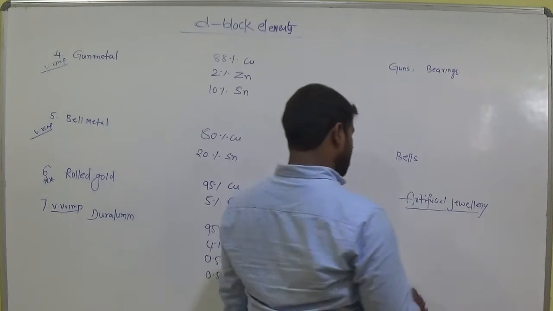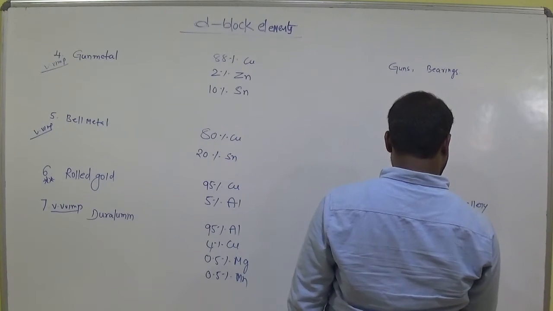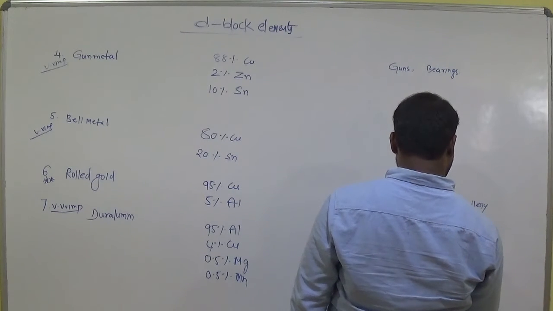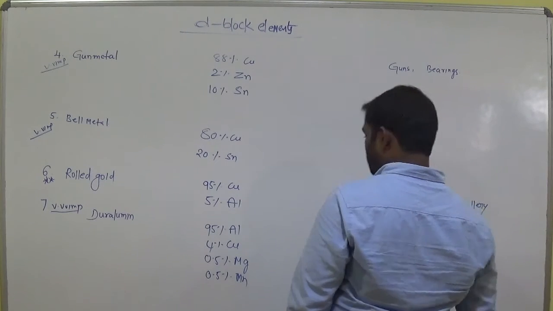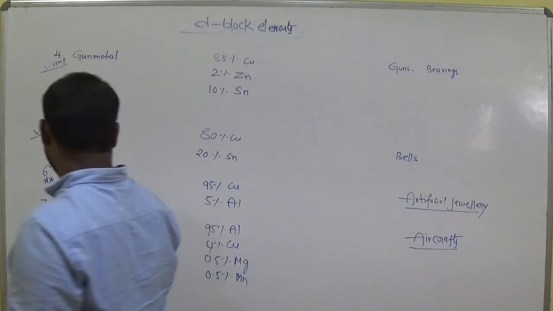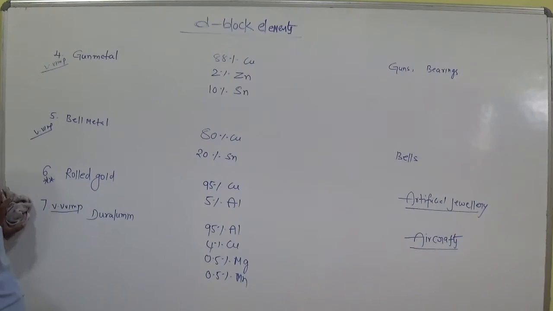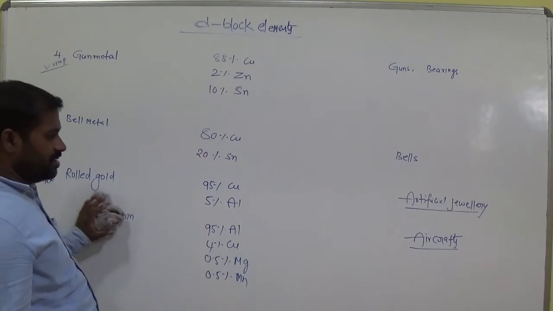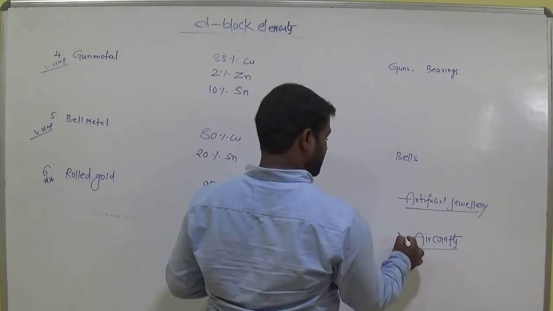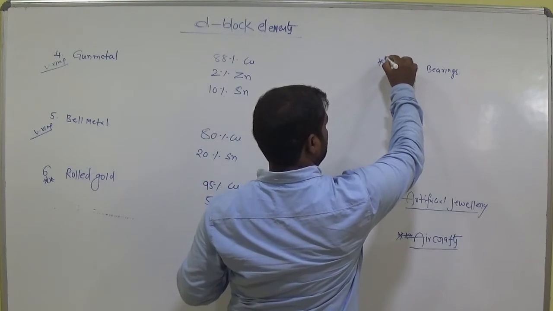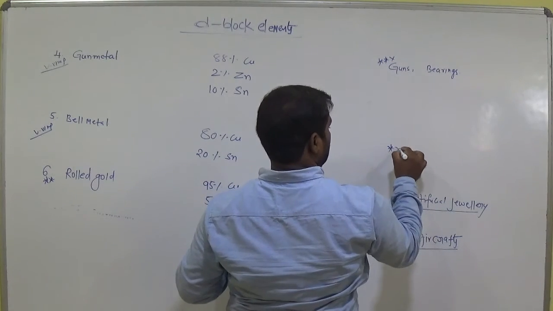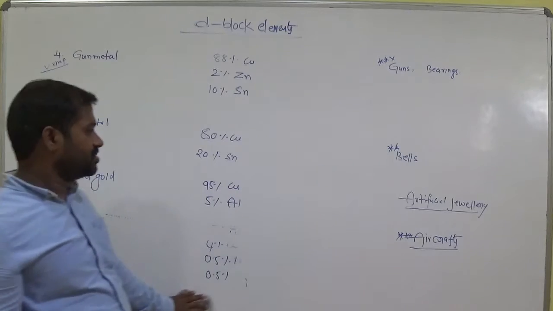Why can we use this? For the preparation of aircraft. Aircraft, very important one, duralumin. So this is very important. Remember the uses also.